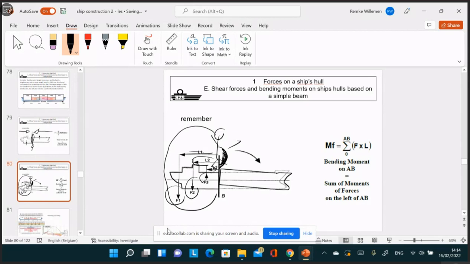So you need to counteract all those moments. And those are the bending moments internally calculated on the basis of the external forces. So again, you need to visualize all the external forces in order to be able to calculate the internal ones. Shear forces and bending moments are the internal reaction forces on the basis of what happens externally. Exactly the same story as we did previously.